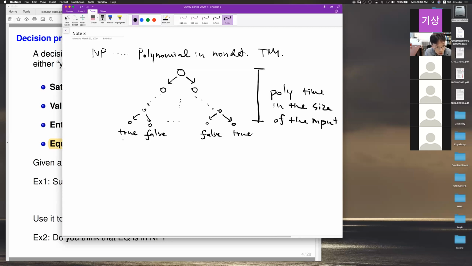In this case, true appears at least twice, so the final output is true. But if true doesn't appear anywhere, so if this one was false and this one was false, then the post-processing will return false. That's how this non-deterministic Turing machine works.